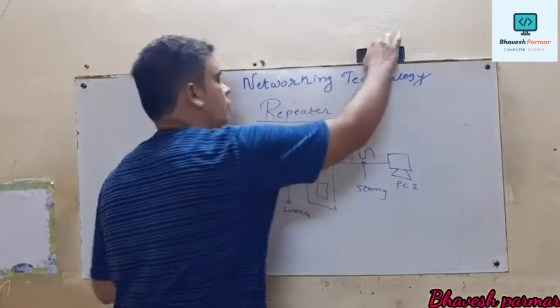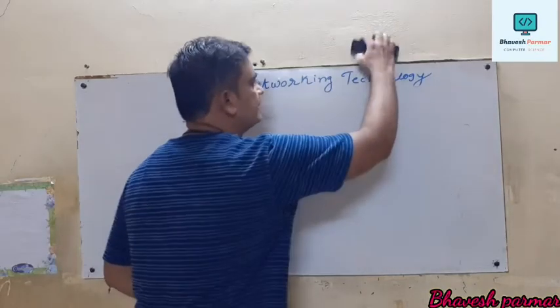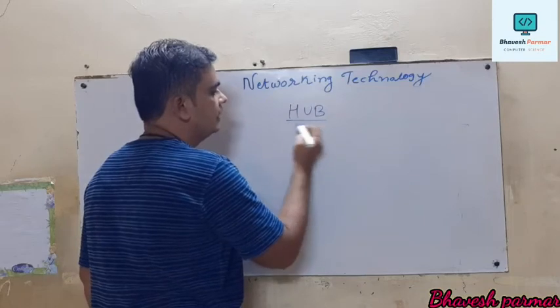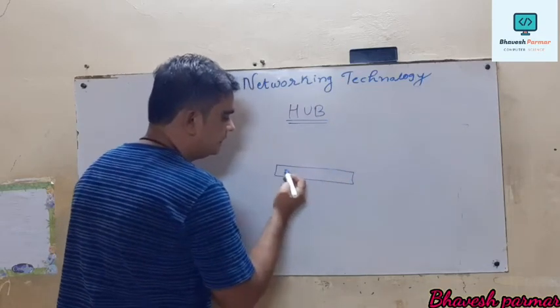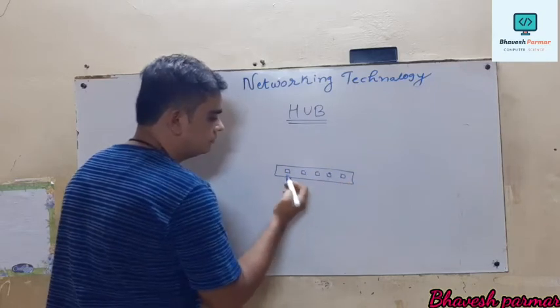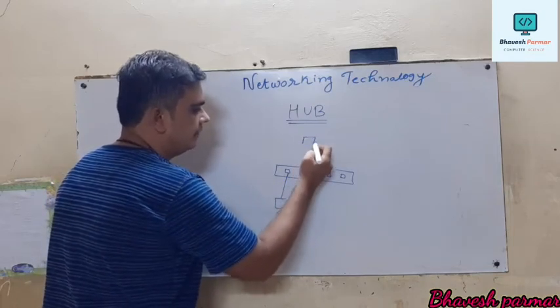Now we are going to switch to our third device, and the name of that device is hub. First of all, I am going to draw the diagram of hub, so that you can clear this concept very easily and conveniently. So this is the device.